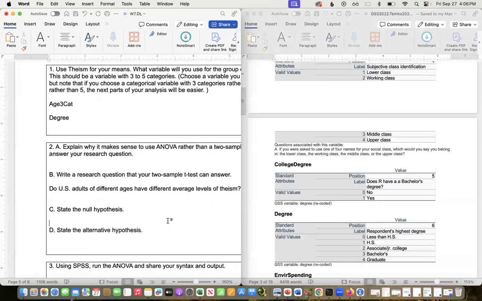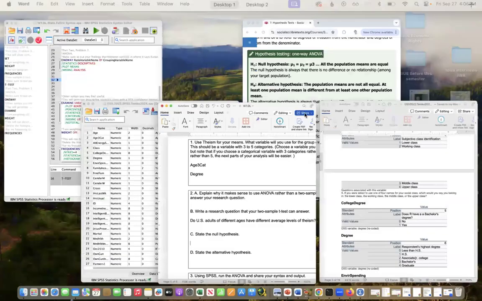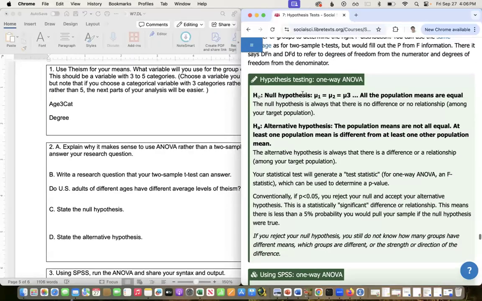Okay, our null and alternative. Again, our null is that there's no relationship. For ANOVA, you can see that it's written out this way: all the population means are equal.